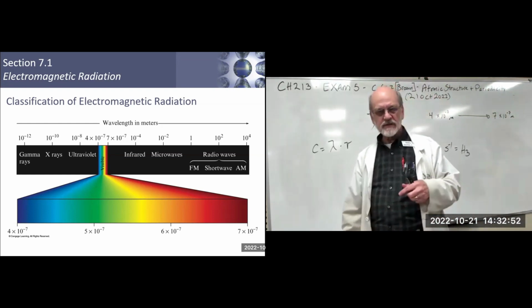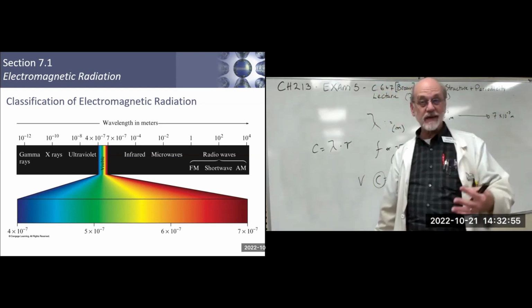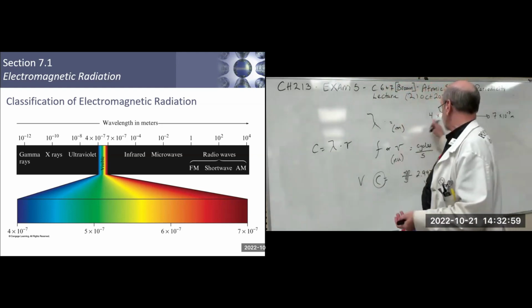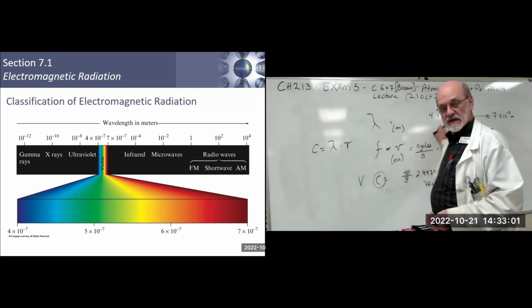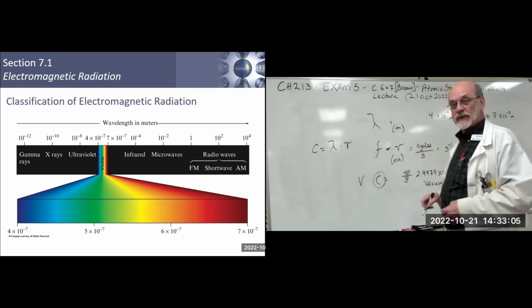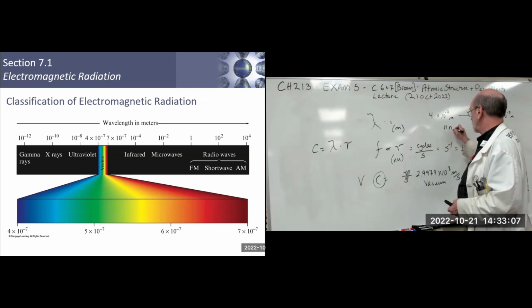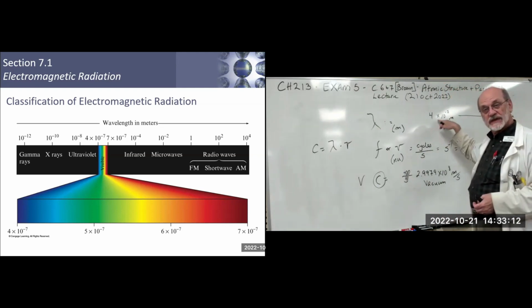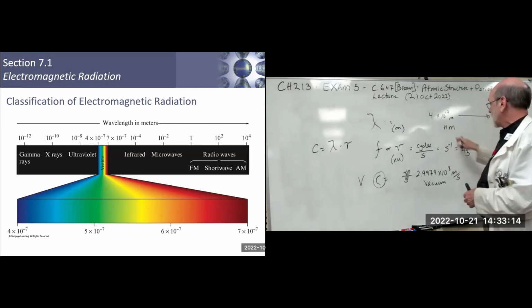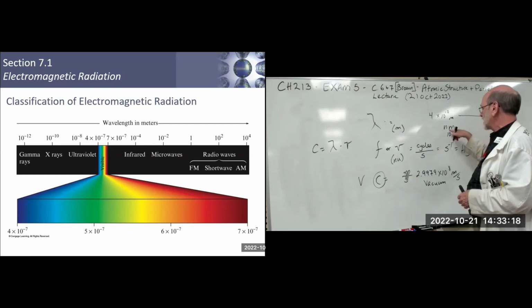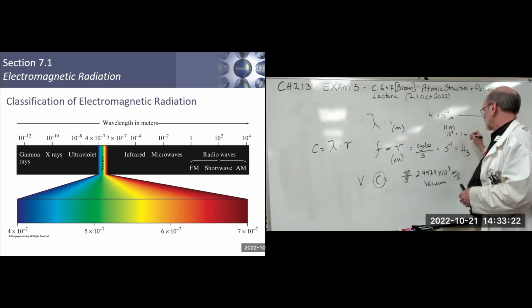I mean, we need a more convenient scale, a unit of measure that allows us to do away with the scientific notation. So we use the nanometer. So how many nanometers is 4 times 10 to the minus 7th meters? Well, 10 to the 9th nanometers equals 1 meter.